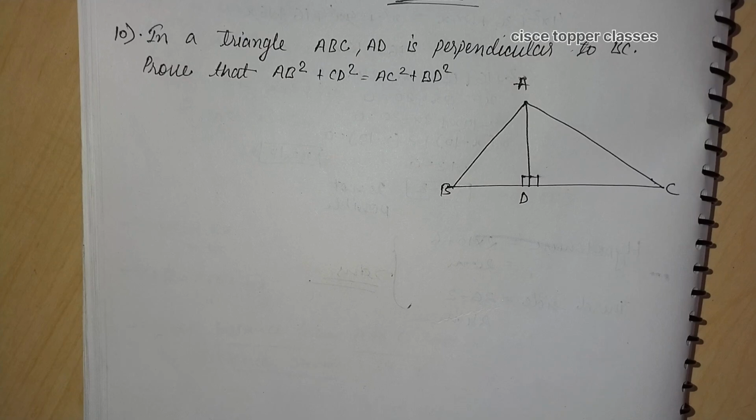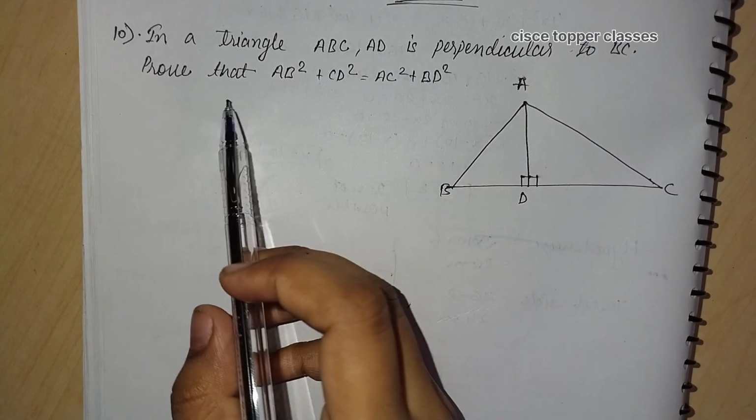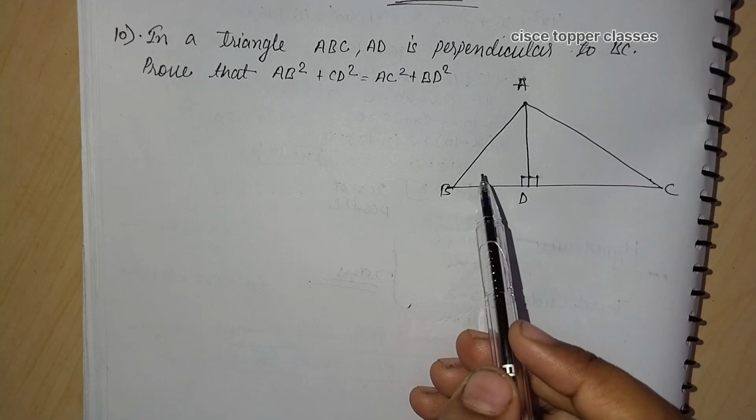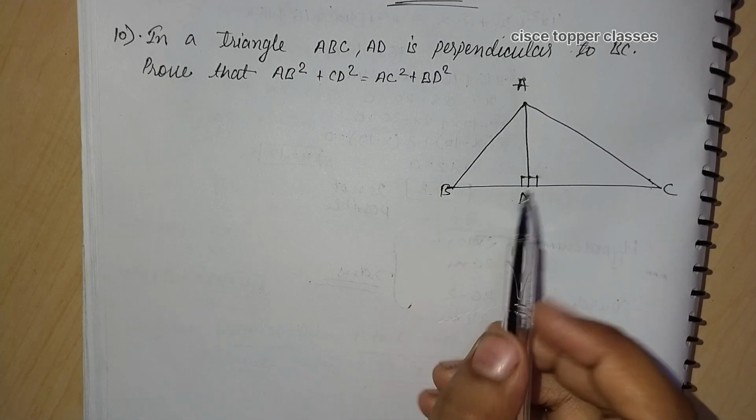Let us solve the 10th question. In a triangle ABC, AD is perpendicular to BC. We have to prove that AB square plus CD square is equal to AC square plus BD square.